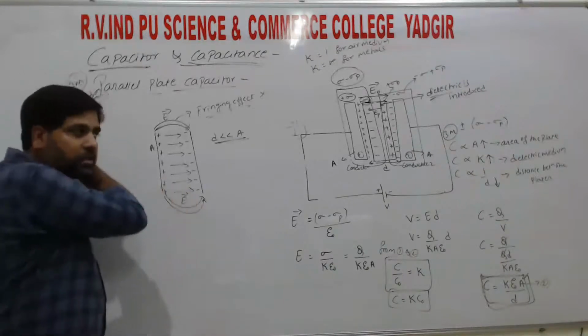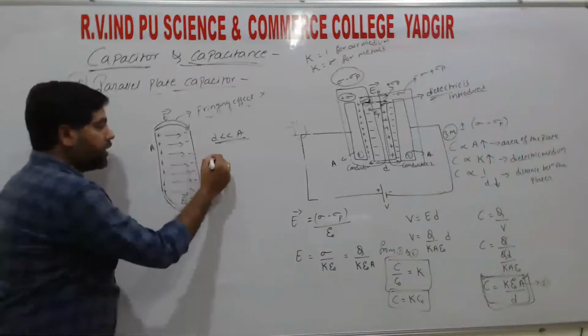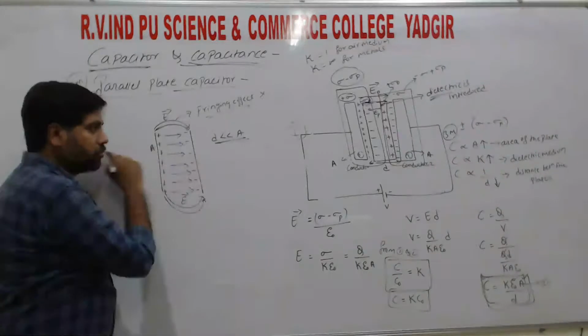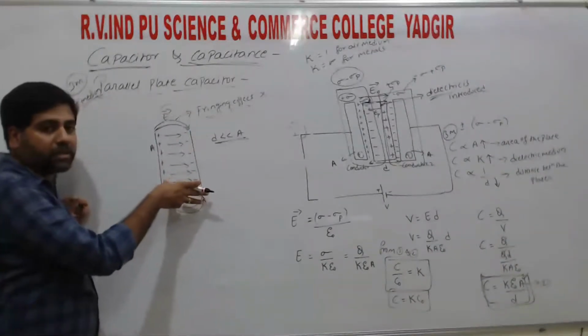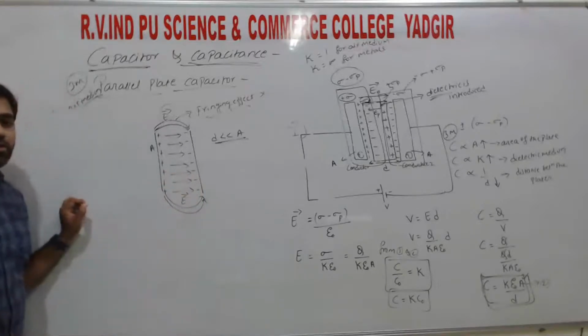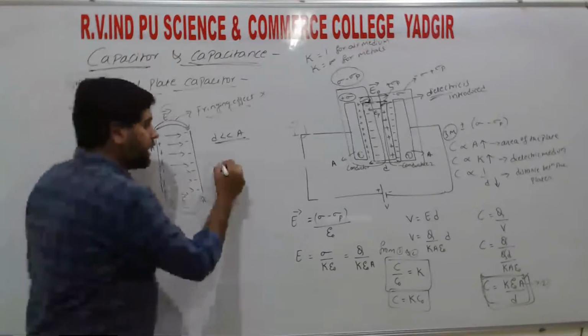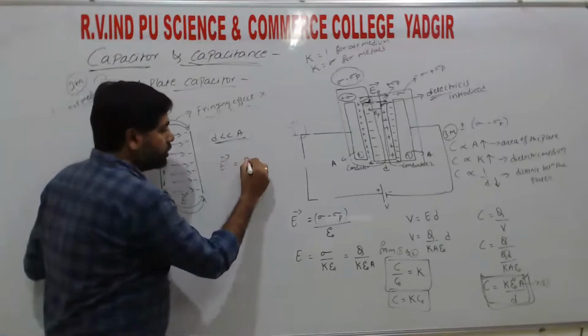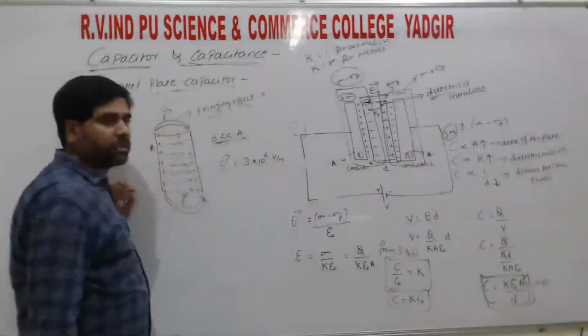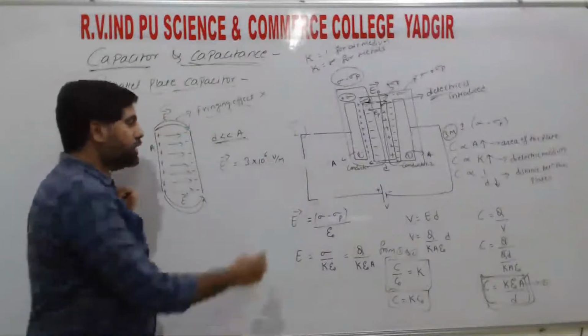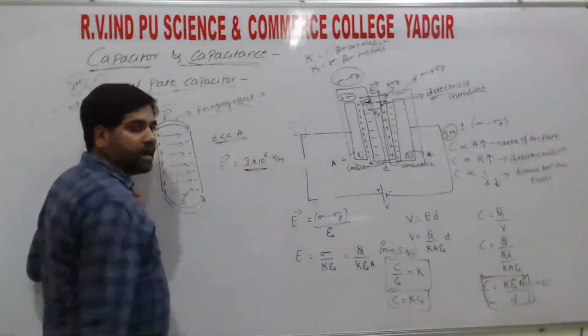Next one is the electric field. Here, the electric field determines up to what extent the capacitor stores the charges, right? The electric field is about 3 into 10 to the power of 6 volt per meter, right? It can store up to this electric field.